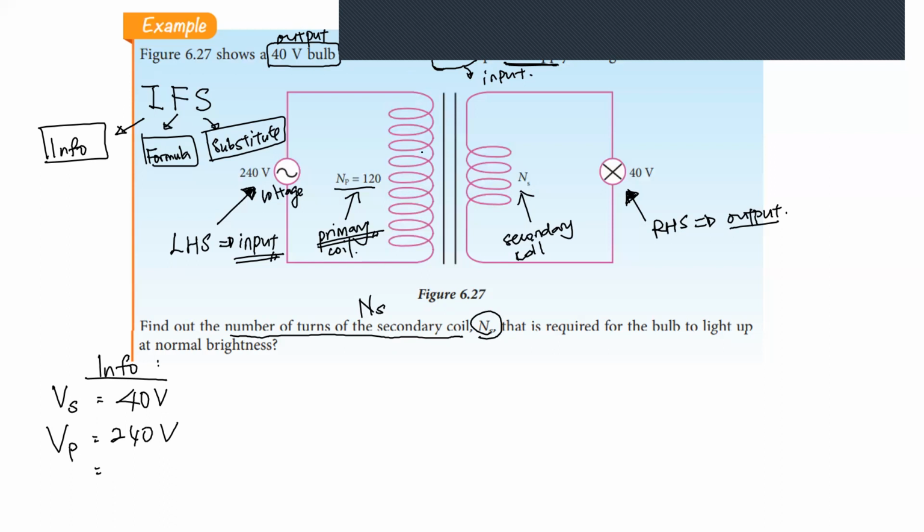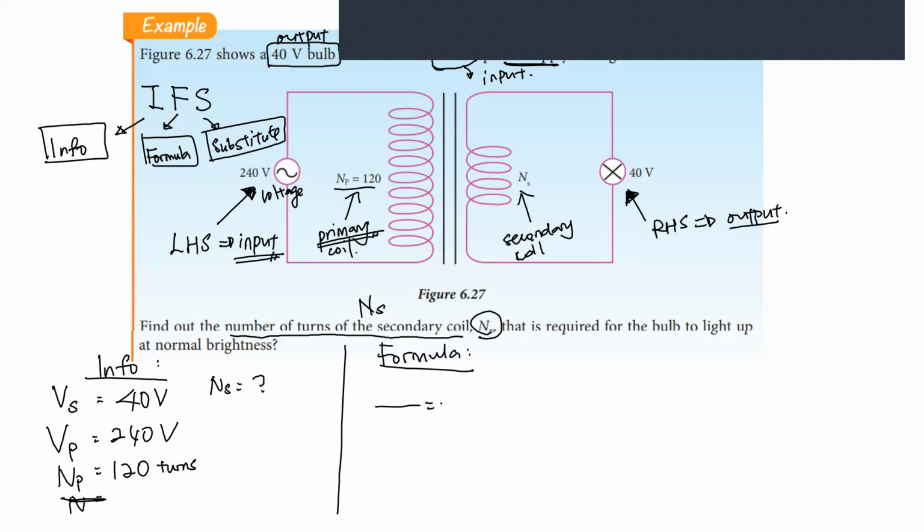Then on the figure, I can get 120 turns. Np, primary input. Then what is Ns? So now second, let's write the formula.